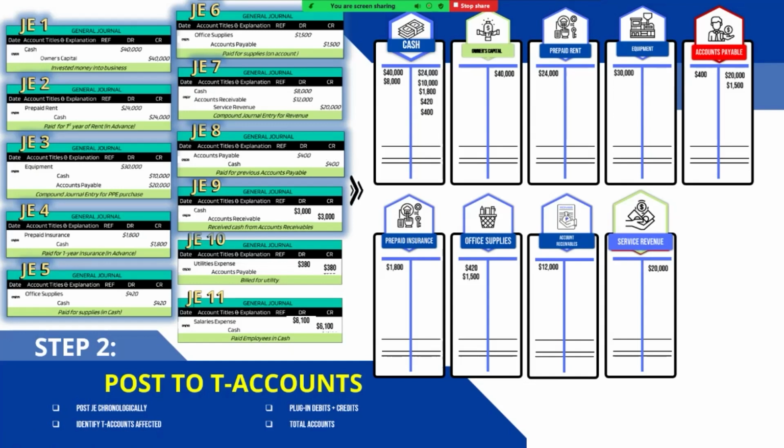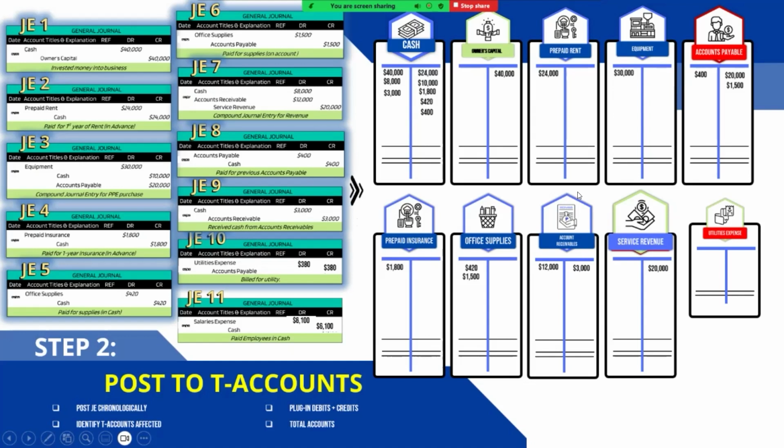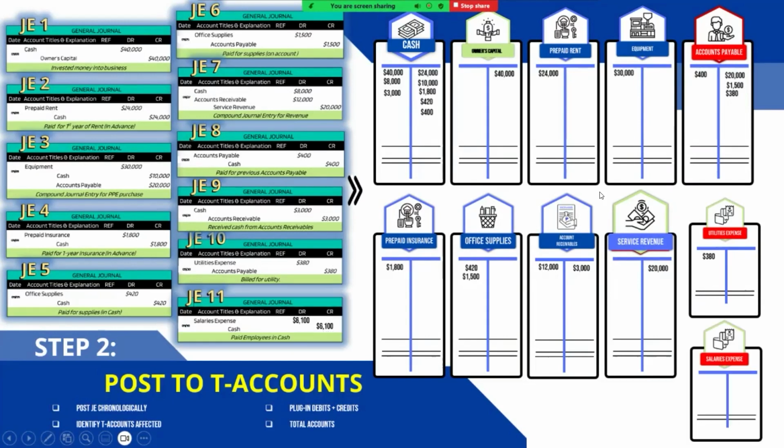Journal entry 9 will just debit cash again and credit accounts receivable. So this credit will signify that a portion of the accounts receivable have decreased. And then the last two would be introducing our utilities expense. So debit utilities expense of 380, credit AP of 380. And our salaries expense, so debit salaries expense, credit cash.